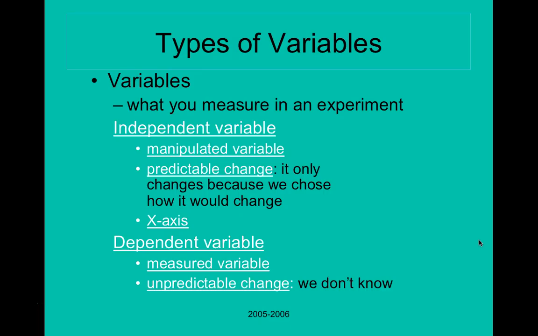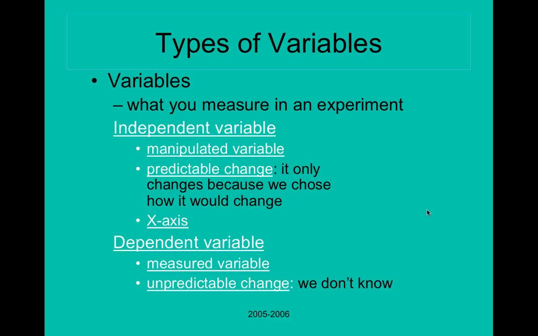Your dependent variable is going to be the variable that depends on the manipulation of the independent. So the word independent, let's just take apart this, for a little bit. The word independent means standing on its own. So we are the ones that are changing on purpose this variable in order to see what's going to happen. That's where the dependent comes in. The what's going to happen part is the dependent variable.